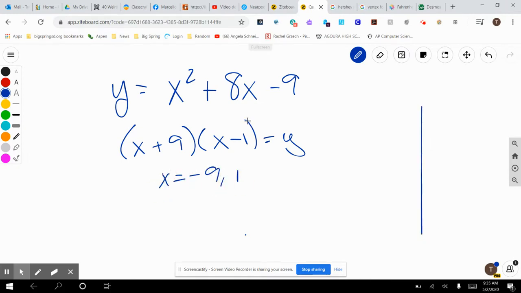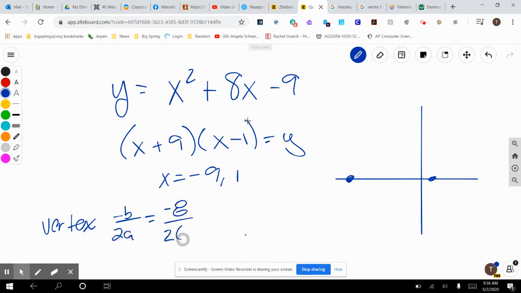If I go over here on a graph and just sketch it, negative 9 and 1. Now you'll learn that the vertex has to be right in between those because these are always symmetric. But to find the vertex, I do negative b, which would be negative 8 over 2 times 1. Negative 8 over 2 would be negative 4.